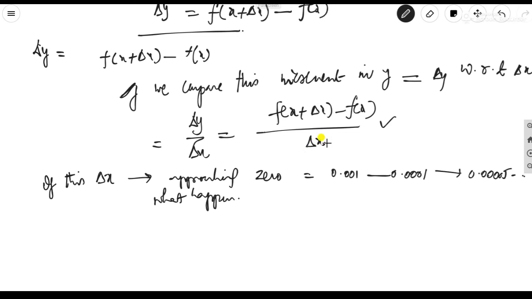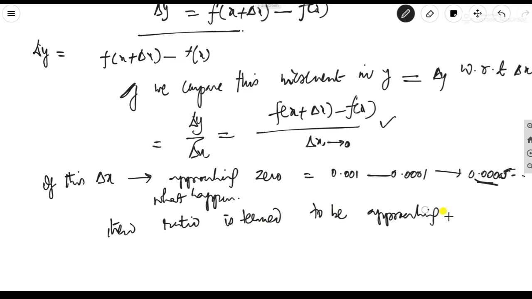It means that when this is approaching towards 0, these are coming towards 0, but still they have some value. Then this ratio is said to be approaching a limit.